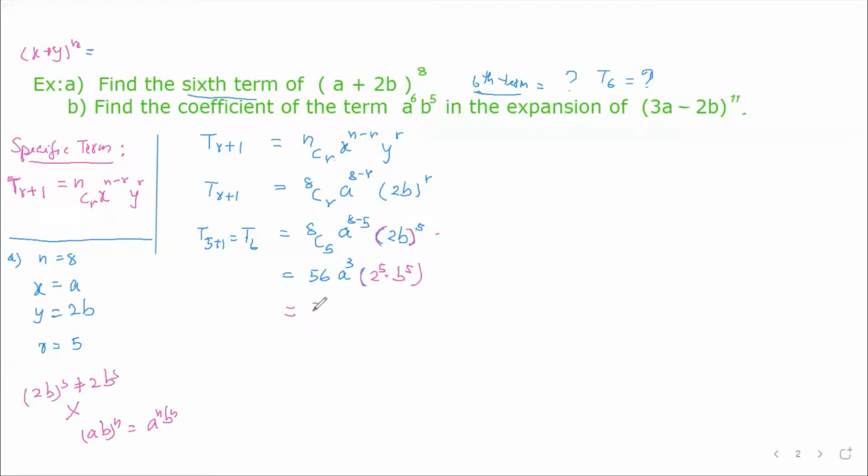Step by step, 2 power 5 is what? 32, correct? Times b power 5. So now you can use calculator. 56 times 32 becomes 1792. 1792 a cube b power 5.